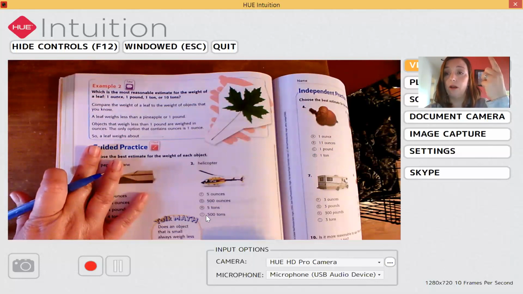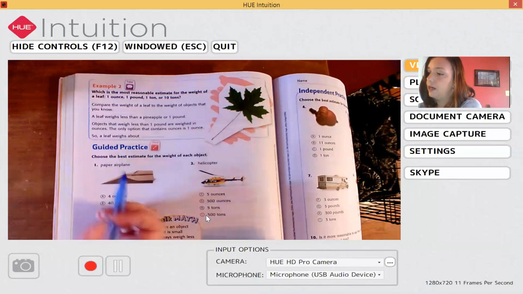For example, a strawberry for an ounce, right? Is a strawberry more similar to a leaf? Probably, right? Because a pineapple, a pound, would be much bigger than a leaf. And a ton, a car, would be way bigger than a leaf, right? So an ounce would be the better estimate.